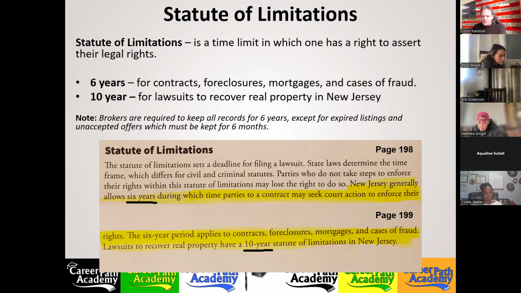Lawsuits to recover real property have a 10-year statute of limitations in New Jersey. So you'll need to know that 6 and 10-year statute of limitations. All right, everybody got it?